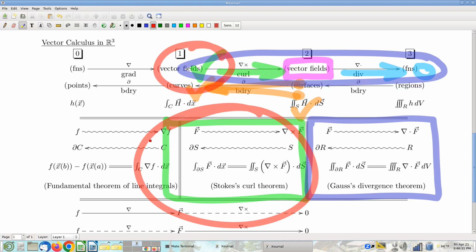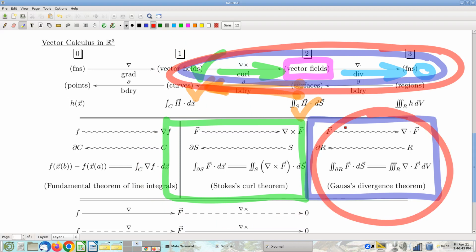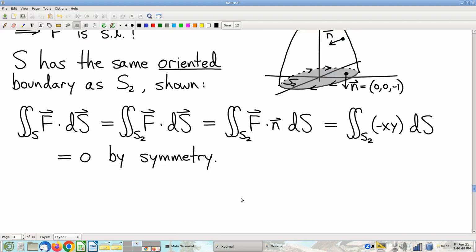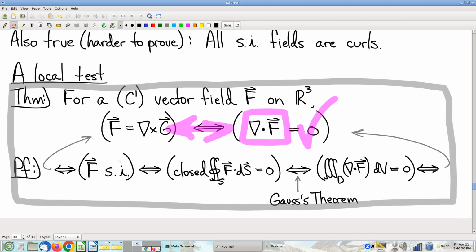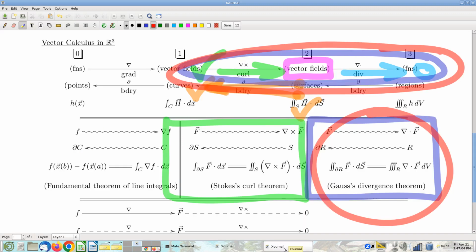If you can find that anti-curl, you can use Stokes's curl theorem. And the argument that shows us why these connect is an argument that uses Gauss's divergence theorem. In fact, that's what we just talked about seconds ago. The thing that connected divergence being 0 to being a curl, aka being surface independent, that connection was made by Gauss's divergence theorem.